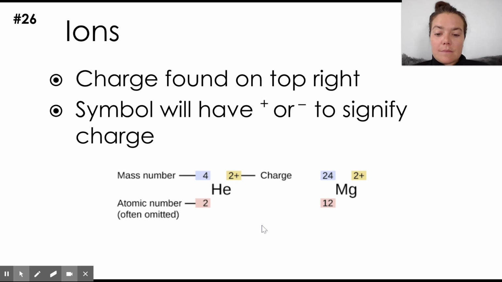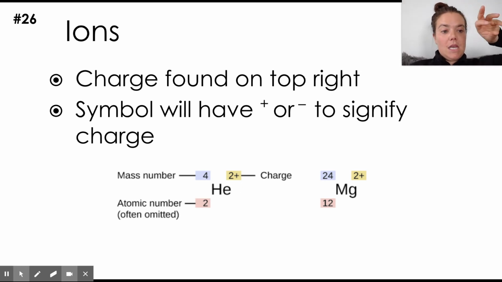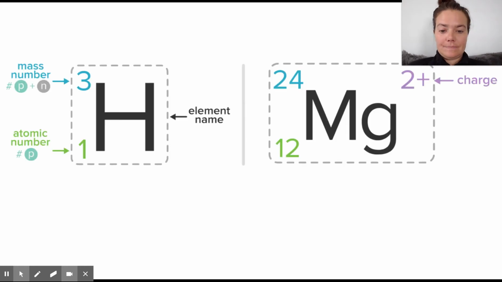You'll see this symbolized pretty basically with the element symbol. Here you see the mass number and the atomic number listed right there. They may or may not be there. But if you see up to the top right a plus or minus with a number, that means it has a charge, and that means there is an imbalance in your protons and your electrons.